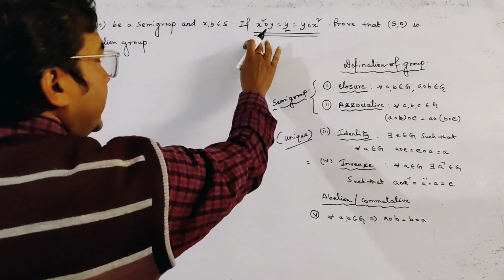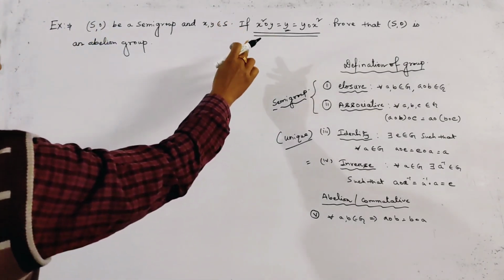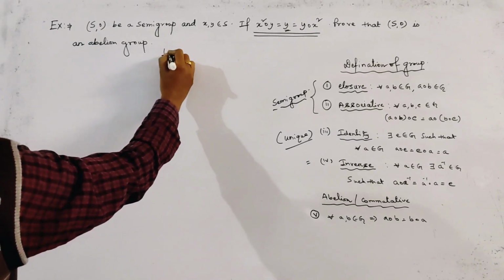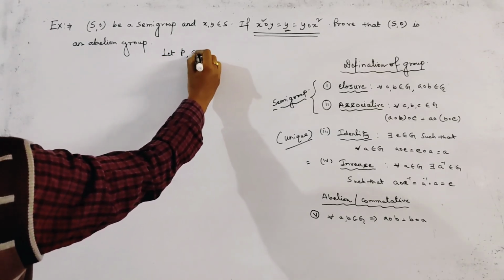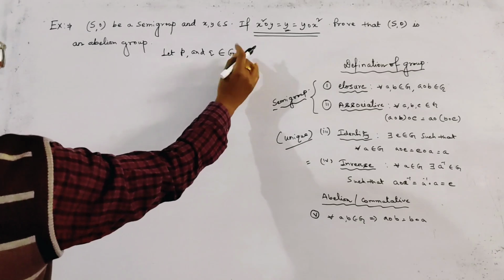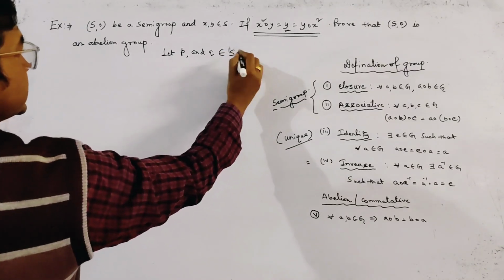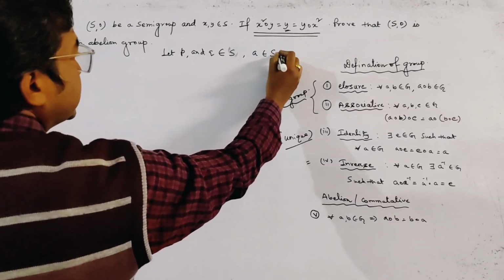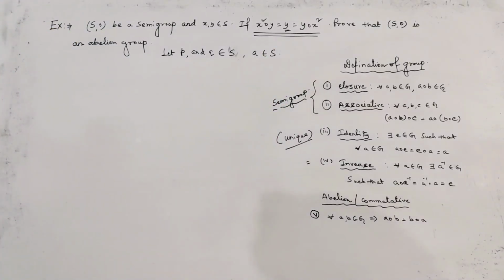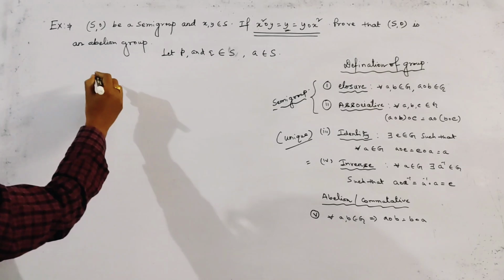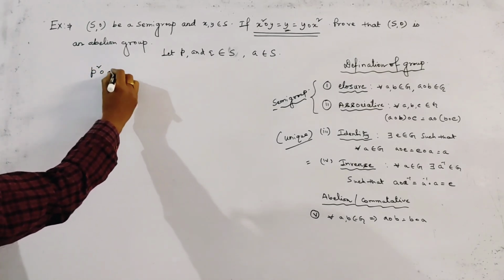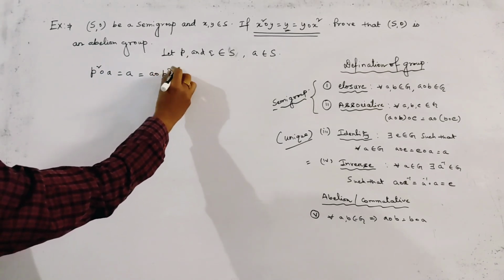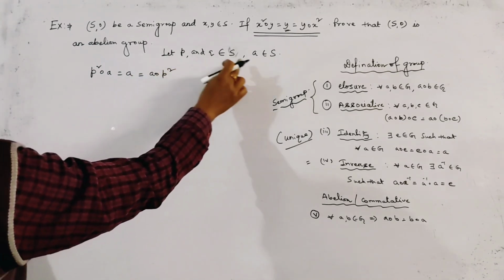To show the identity element is unique, we write this relation for two elements. Let p and q be two elements of S. Here it is given that the set is S. And let another element a also belong to S. Then we write this property as p² ∘ a equals a, and also this is a ∘ p², by using p and a.